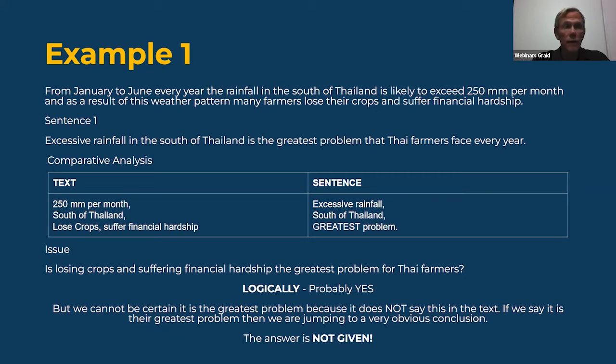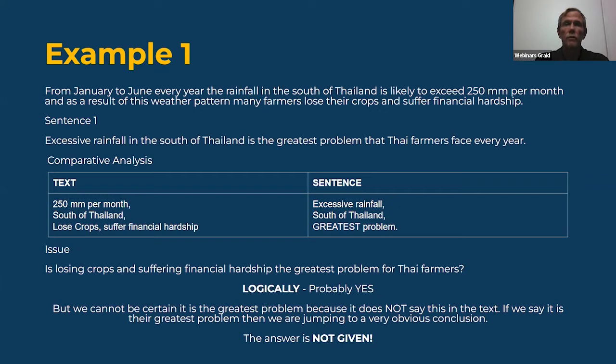And there may, in fact, be other problems they are facing, which could be economic. So if we say it's their greatest problem, then we're really jumping to a very obvious conclusion, which may be true, however, is not in the text. So in this case, the answer is not given.